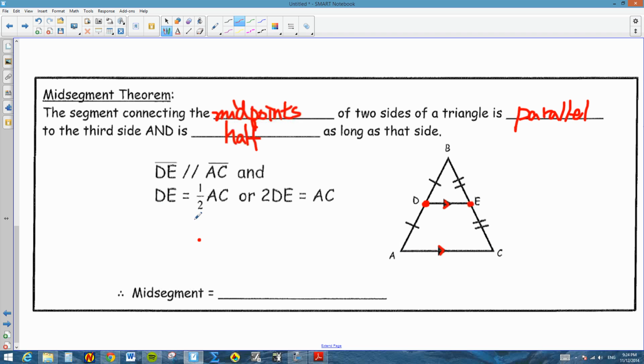So that's the theorem. We call that the mid-segment theorem. If we write the equation, the mid-segment equals 1/2 of the length of the third side.